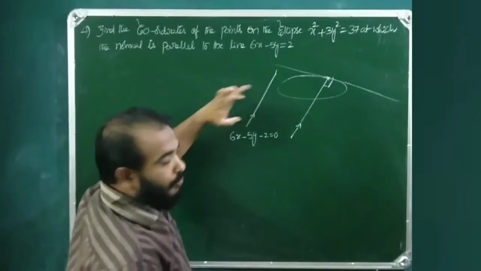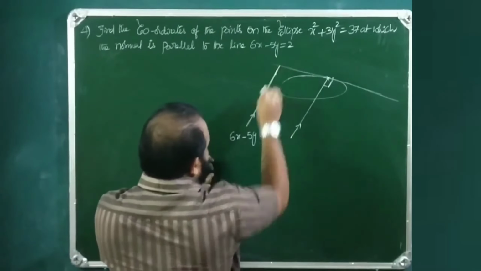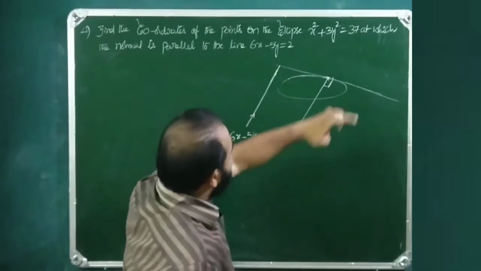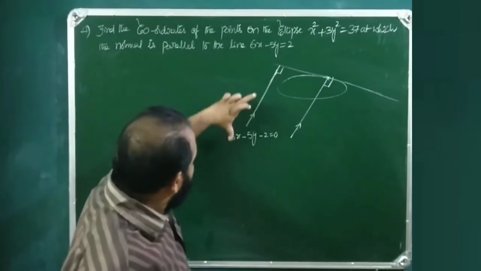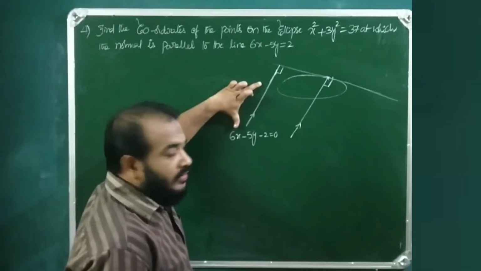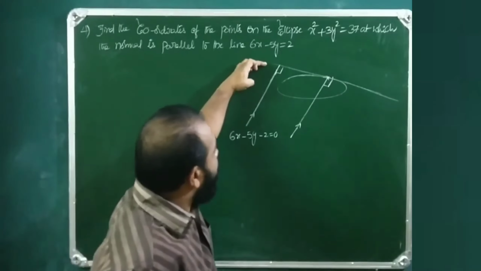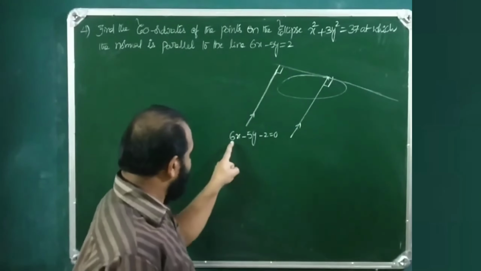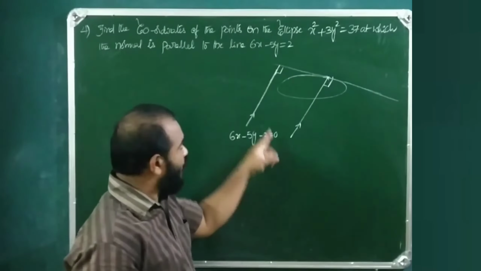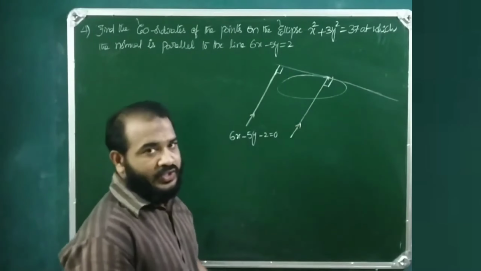So if this is a normal, if you extend this, then this normal and this tangent are perpendicular to each other. So if this is the normal, then is it possible for us to find out the equation of this tangent? Why not? Because if it is ax plus by plus c equals to 0, then this is bx minus ay plus k equals to 0.